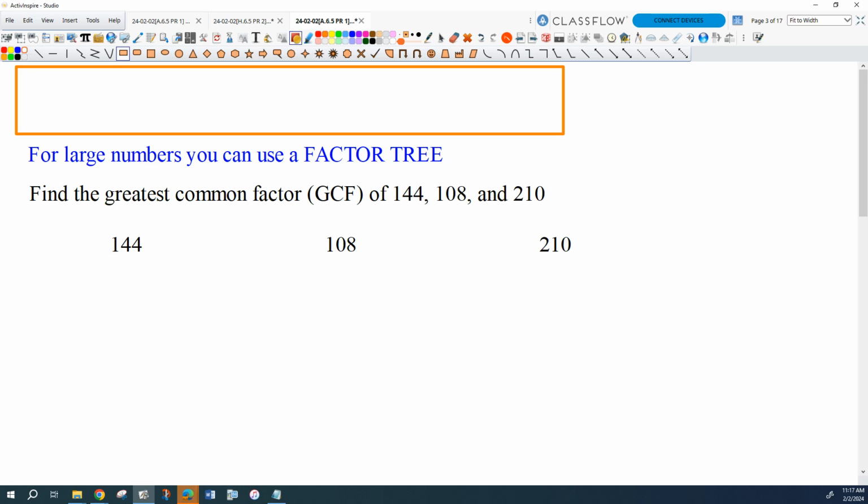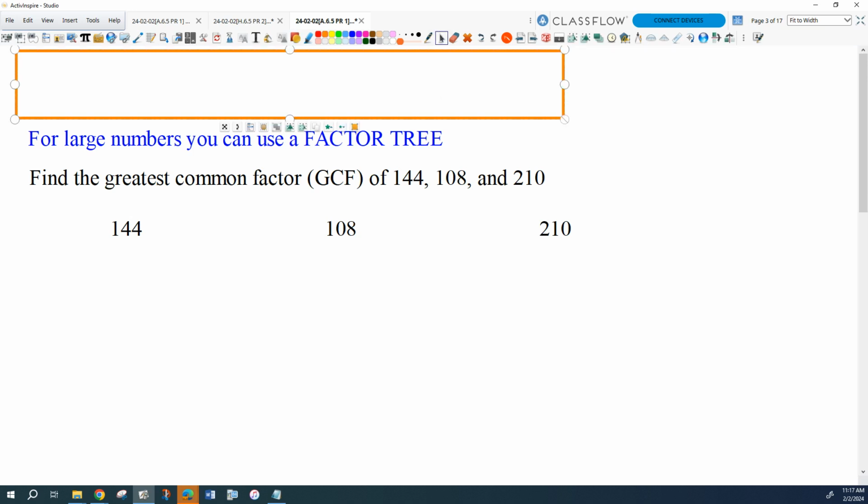The highest number that they all can be divided into. Okay, that divides into all three numbers, right? So we want the biggest number that divides into all three of these numbers, right? Normally that's not so hard to do if the numbers are small, but if the numbers are big, that's kind of tough, right? Just to come up with that number.